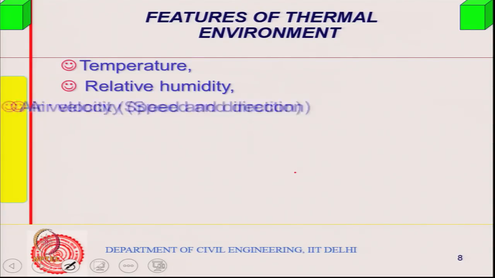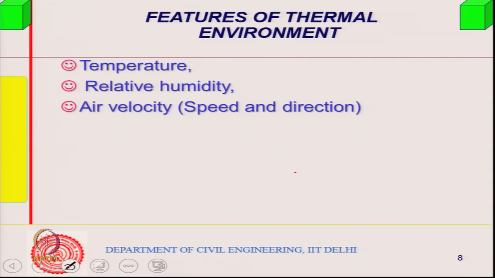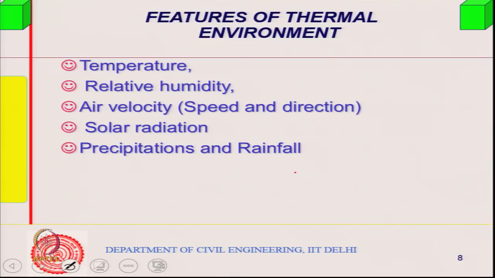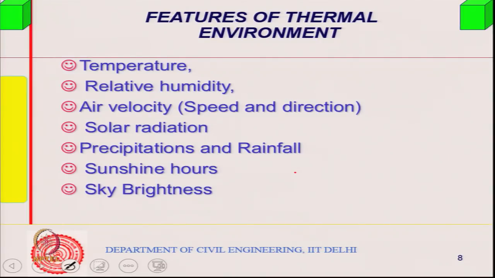Next would be relative humidity, air motion, air velocity, speed and direction, which are important, and solar radiation. These are all related to thermal comfort. Then precipitation or rainfall, because that is what causes relative humidity to change significantly, and sunshine hours, how many hours of sunshine there are. Then sky brightness, which is related to daylighting.